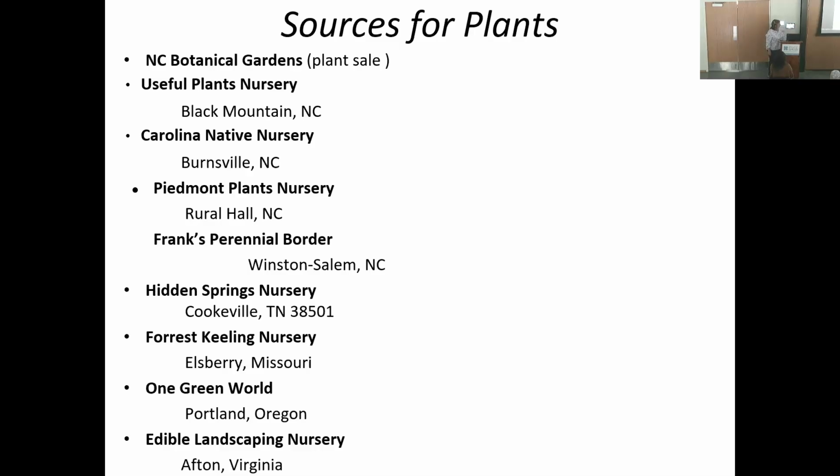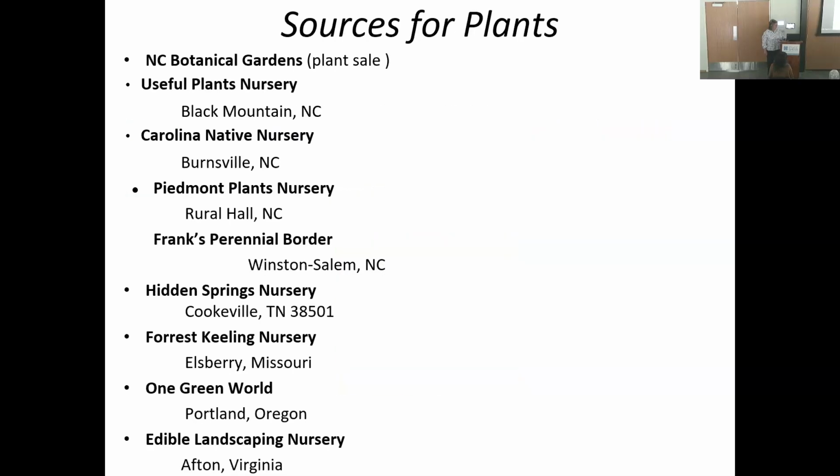And then I put some more. There's Hidden Springs Nursery, which is a real good source for some of your tree fruit. Forest Keeling Nursery, they have revolutionized the native plant industry, and One Green World out in Portland, Oregon, they will also ship. And Edible Landscaping Nursery in Afton, Virginia. They have some natives as well.